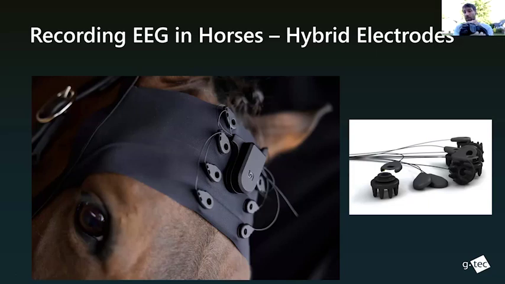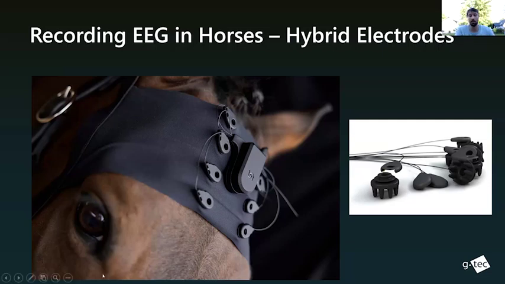We have this base station centered in the middle, and the hybrid electrodes that can be filled with standard EEG gel and that deliver our EEG. On top of that comes the amplifier. You just mount it on there with magnets.